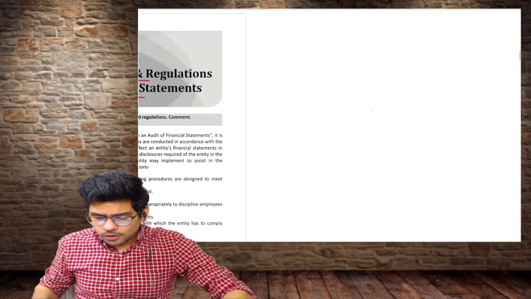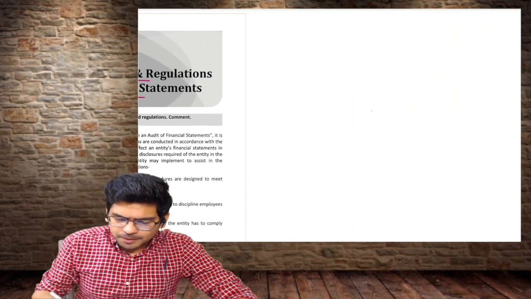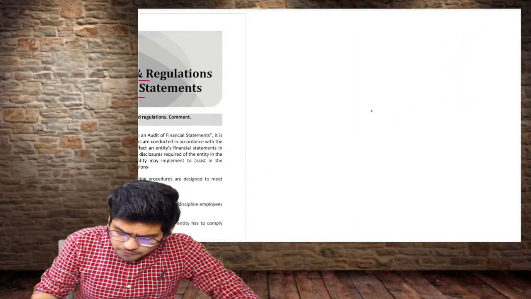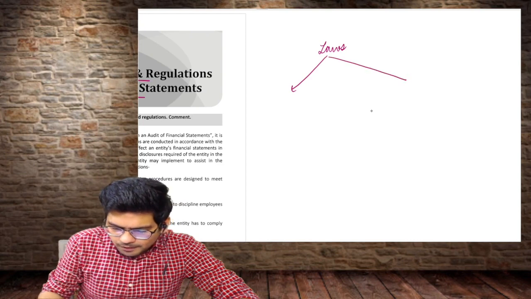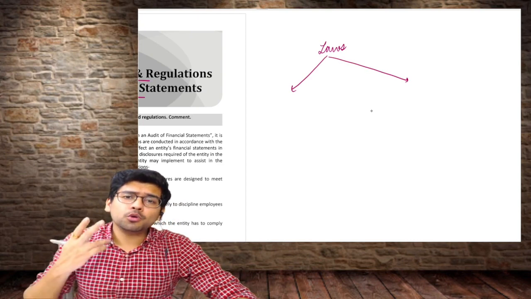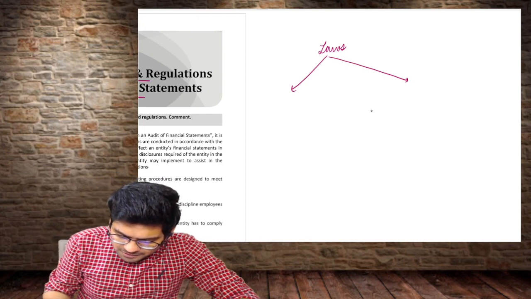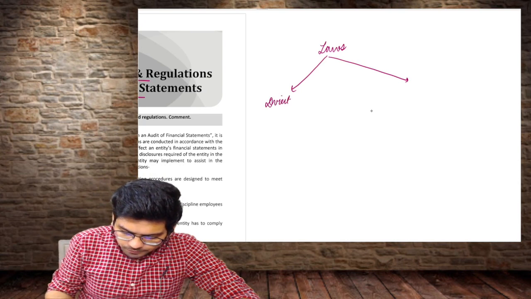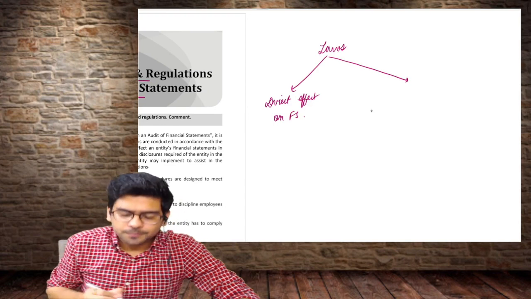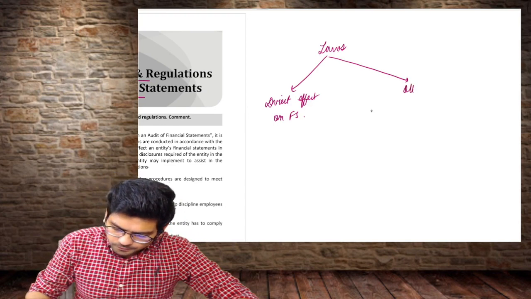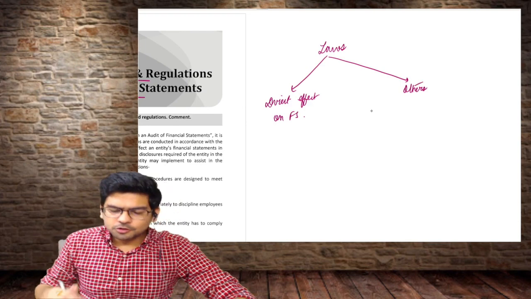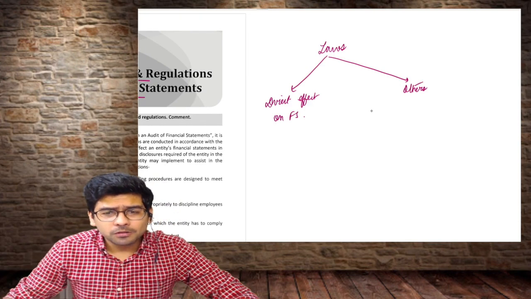In this particular chapter, I'm just giving you a brief idea that we are going to be discussing two kinds of laws. One, a particular law which has a direct effect on financial statements, or others which do not have a direct impact on the financial statements.